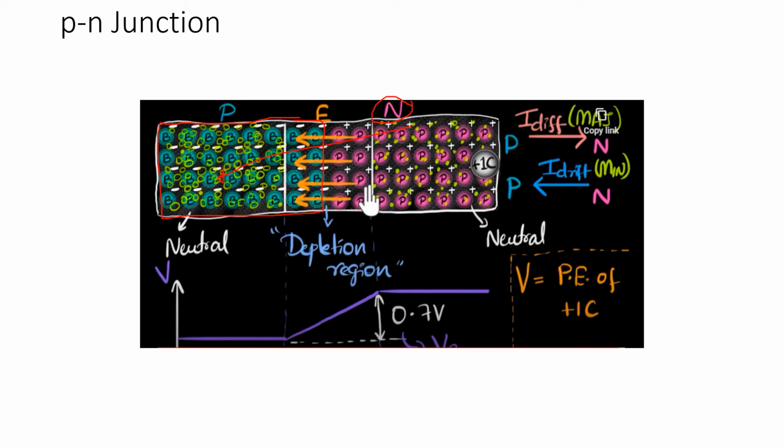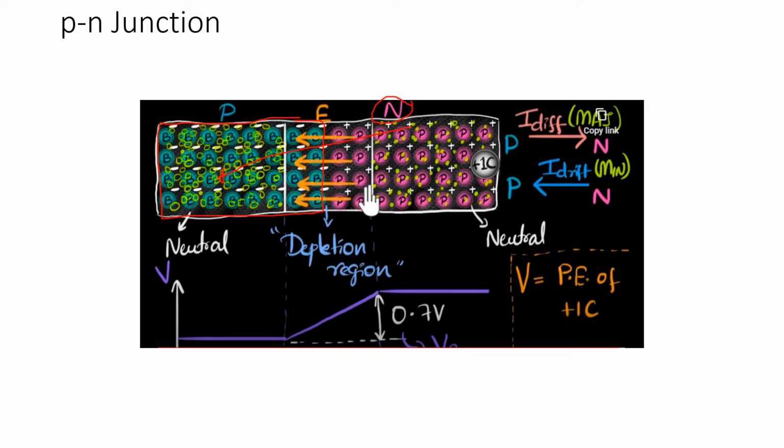This is called diffusion current, that is I diffusion. So, diffusion current is due to majority carriers. Majority carriers are holes on the p side and electrons on the n side.